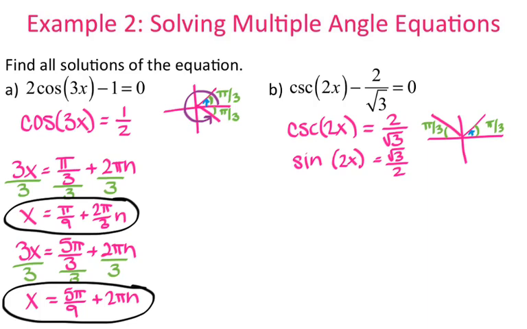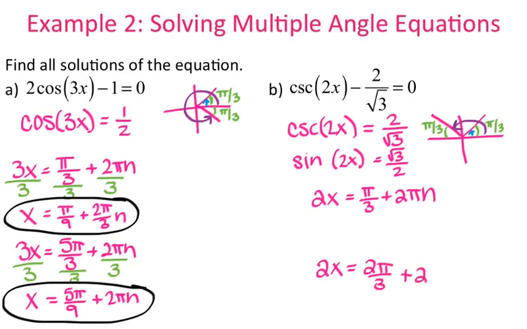So I have 2x equals pi over 3 plus 2 pi n. And for my second expression, I'm going to use this angle that's in purple, which is pi minus pi over 3. So I have 2x equals, pi minus pi over 3 is 2 pi over 3, plus 2 pi n.